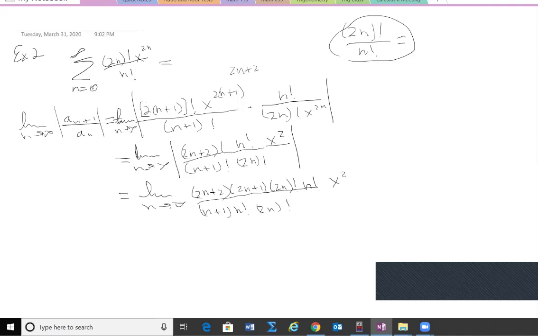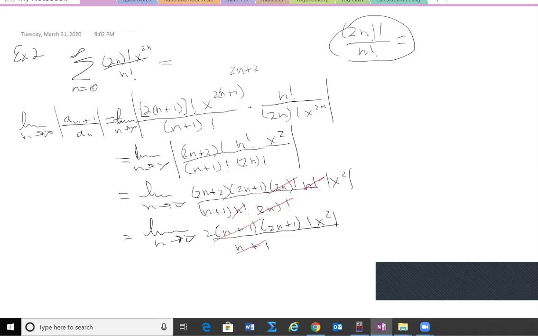Now you can do a little bit of simplifying here. The 2n factorial will go away. The n factorial goes away. Also, we can take it down another step. You might notice that this can be written as 2 times n plus 1, with a 2n plus 1 and an x squared like that, and an n plus 1 down here. So we get another cancellation here.